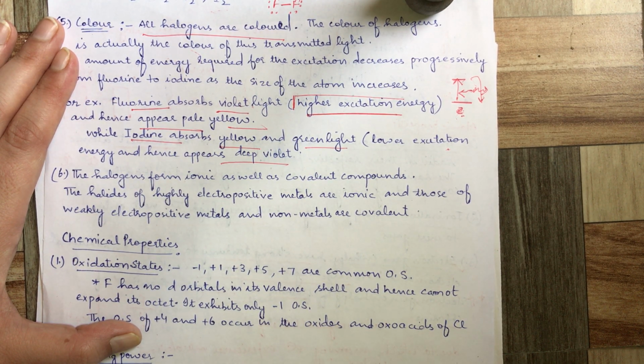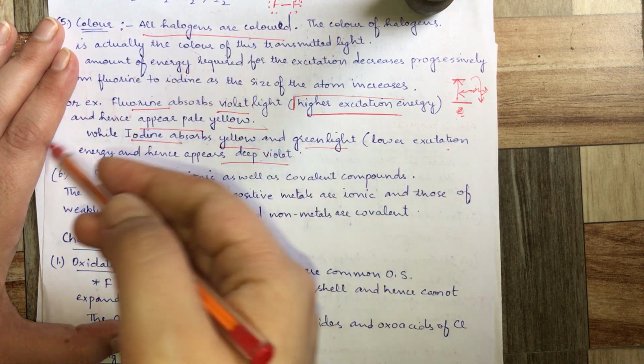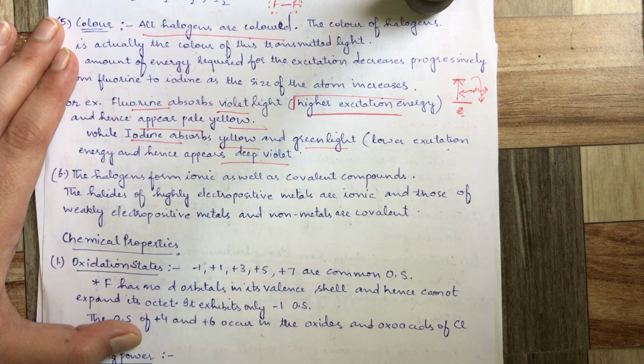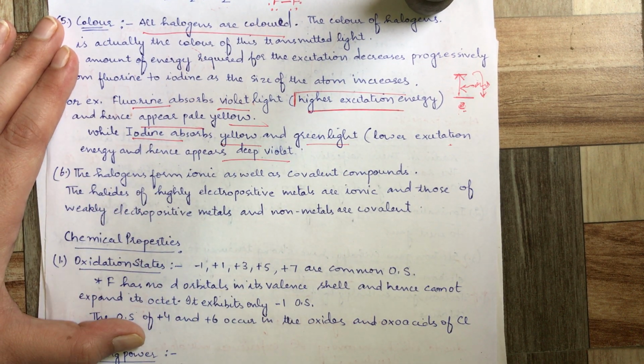If the electron is difficult to excite, a higher excitation energy is required. Hence fluorine absorbs violet light, but it appears pale yellow. On the contrary, iodine absorbs yellow and green light, that is the lower excitation energy, but it appears deep violet. I hope I made the point clear.